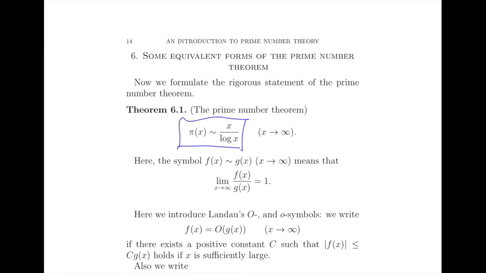The meaning of this symbol is that f(x) is asymptotically equal to g(x) if the quotient f(x) over g(x) goes to 1 when x tends to infinity. That is, in our case, the quotient of pi(x) and x over log x tends to 1 when x tends to infinity. This is the meaning of the asymptotically equal symbol.